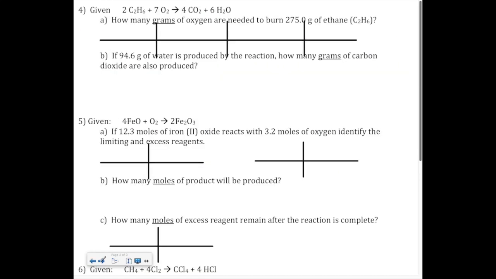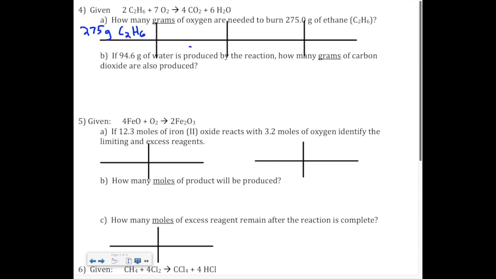Okay, so number 4. It gives me a combustion equation, and it asks me how many grams of oxygen are needed to burn 275 grams of ethane. So 275 grams of ethane. That's C2H6.